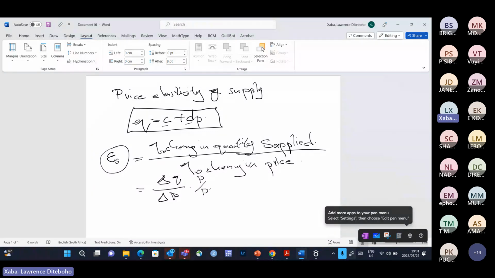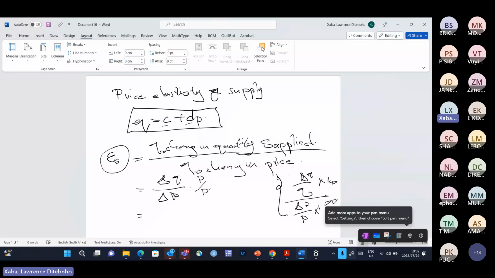I skipped other steps: we're supposed to have 100 times the change in Q divided by Q, divided by 100 times the change in P divided by P. So before this step we're supposed to do this, which is similar to what we did when deriving the formula of elasticity of demand. It's still the same thing.